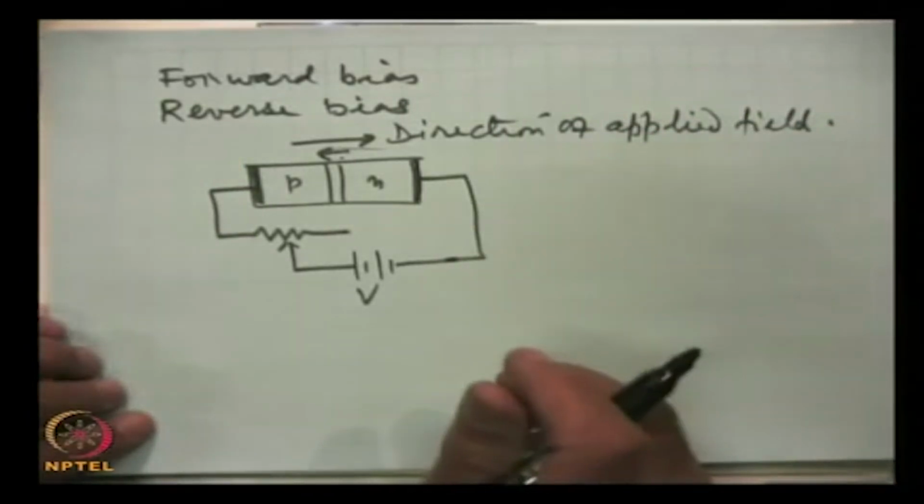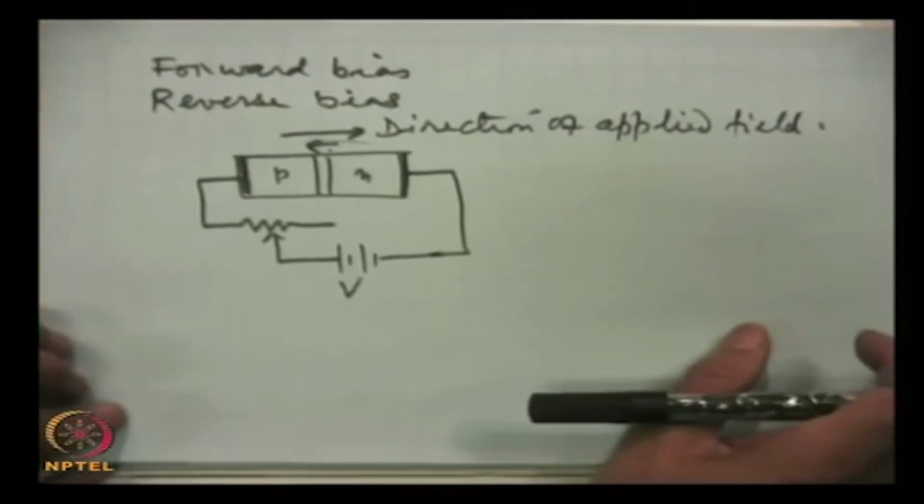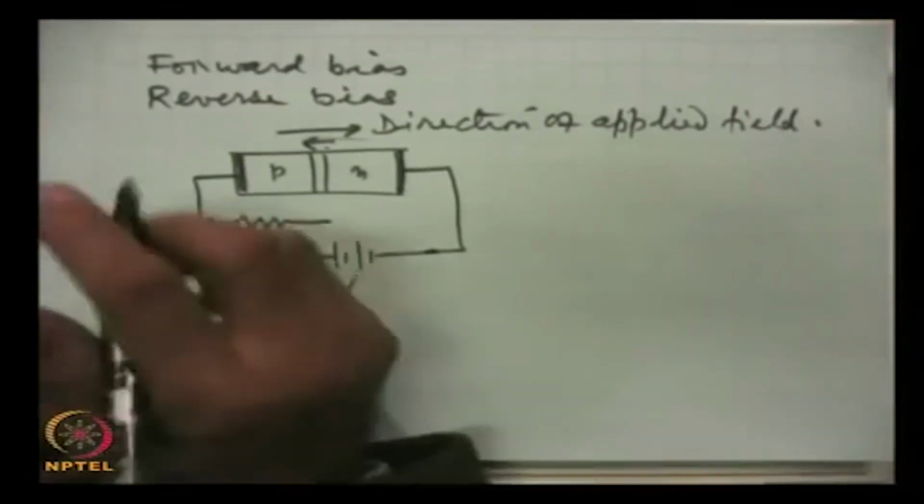In terms of the potential energy diagram, in equilibrium we have seen that the Fermi levels were aligned, but that is true only in the absence of any external biasing. Once we bias it, the Fermi levels again become different on the two sides.